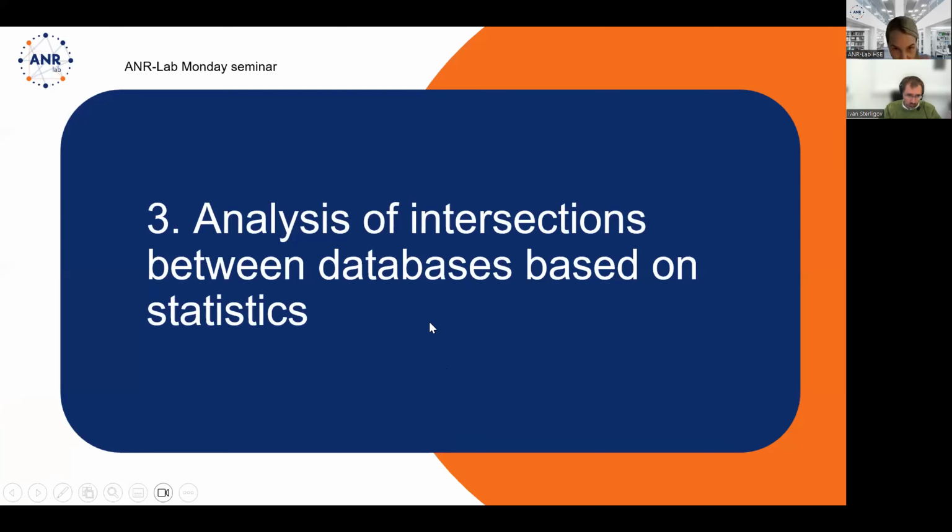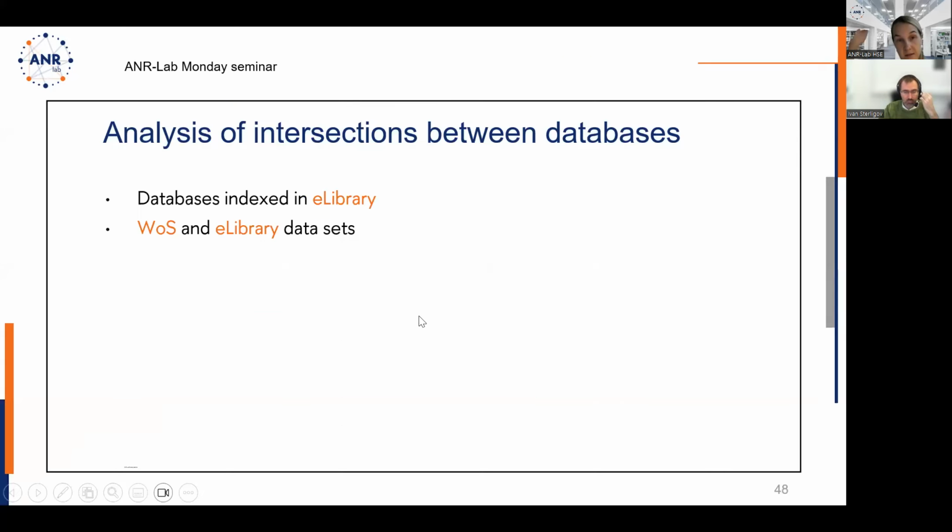Now let's look at the analysis of intersections between databases based on some statistical analysis. And here I should say that, again, there are different directions in which we can go. We can look at the intersections between databases which are indexed in eLibrary, because, as I showed you, for each publication we had information on whether this publication is indexed in different scientific databases.